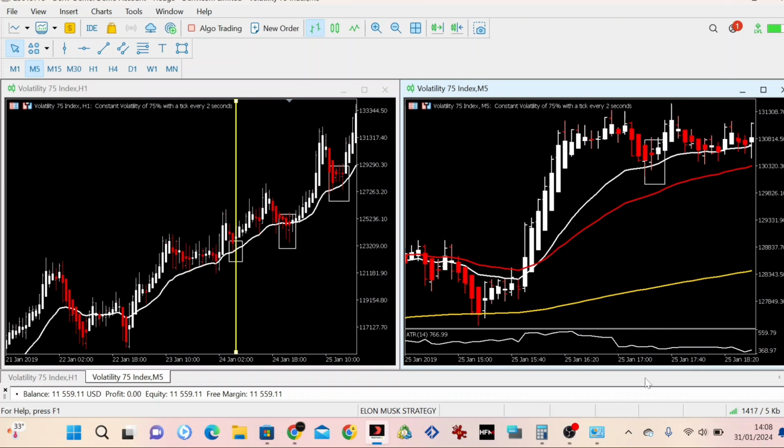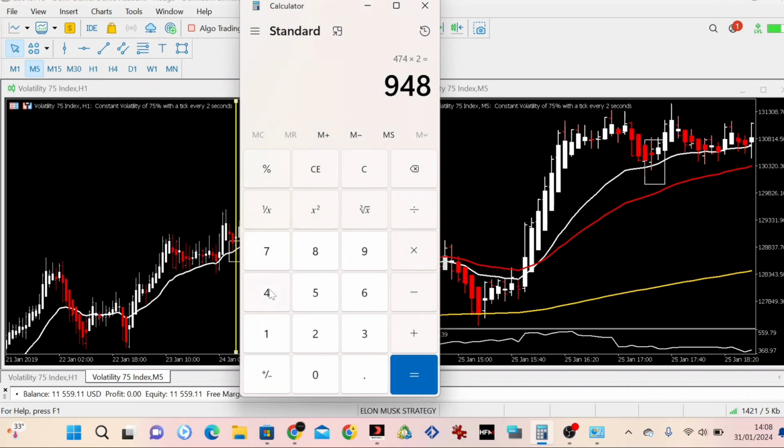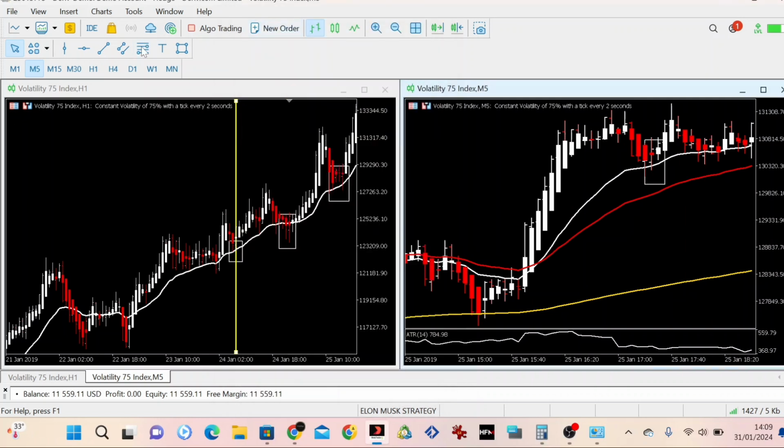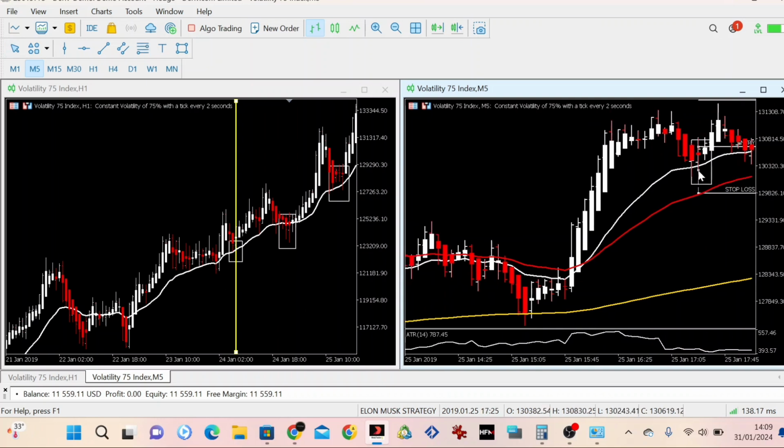So that will be the entry, and then the stop loss will be 425 multiplied by 2. That is the value of the ATR at that point multiplied by 2, that is 848, somewhere there. So that's our entry and that's the stop loss.